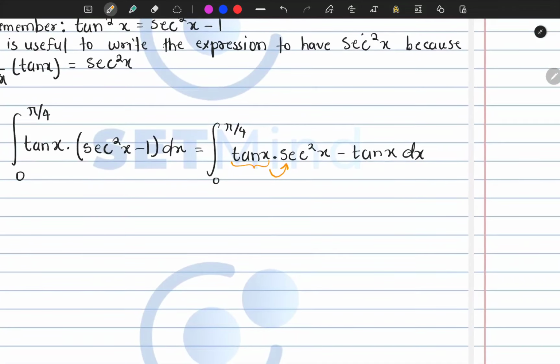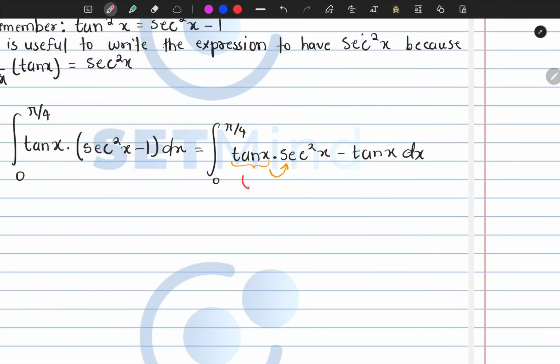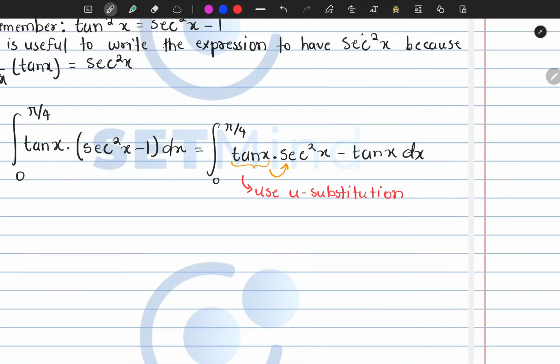However, since I still have the tan there, you have two options. You can use U substitution, which I'm not going to do. I am going to observe and work in reverse.